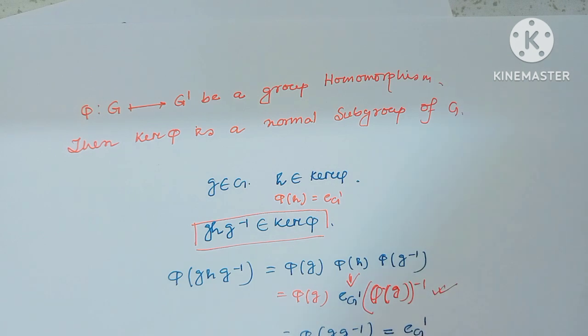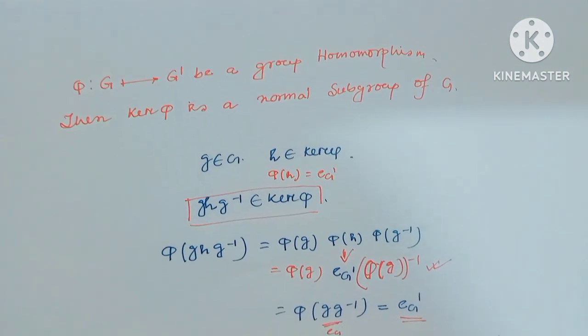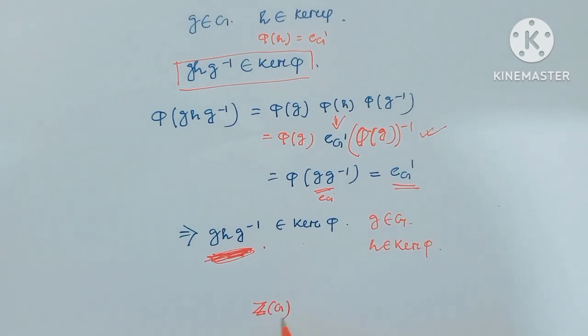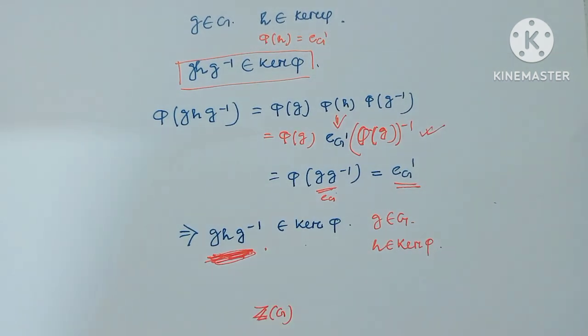Similarly, another way to find a normal subgroup is Z(G). We all know Z(G) means the center of a group.